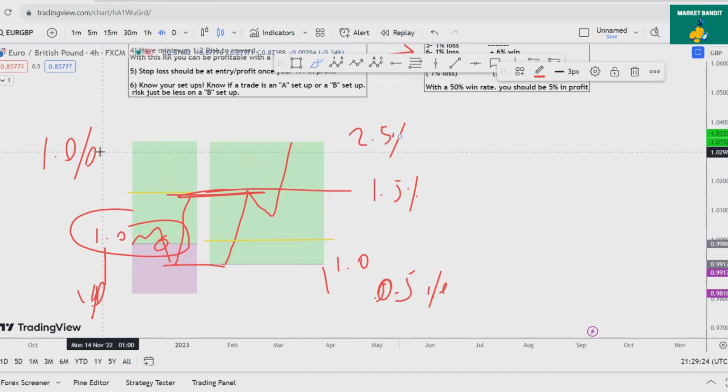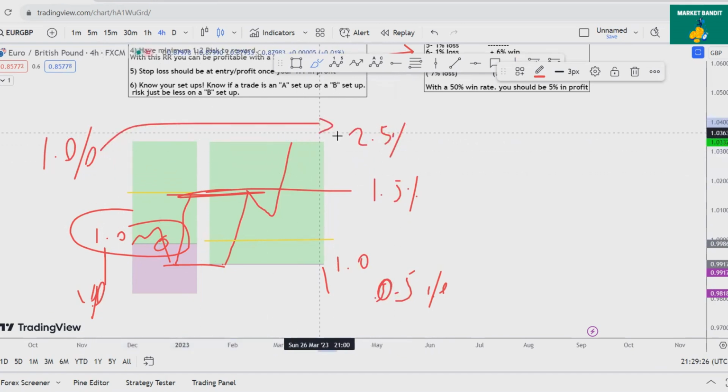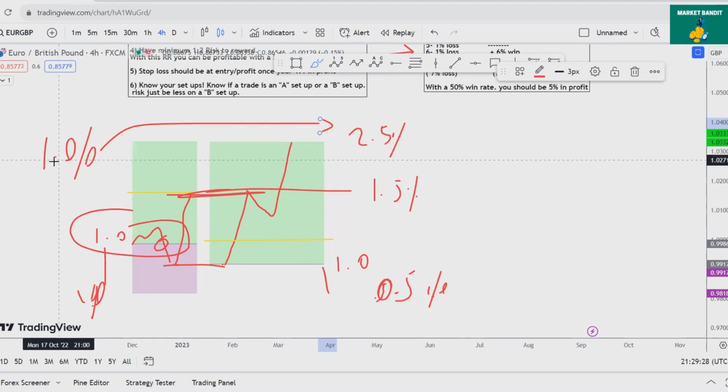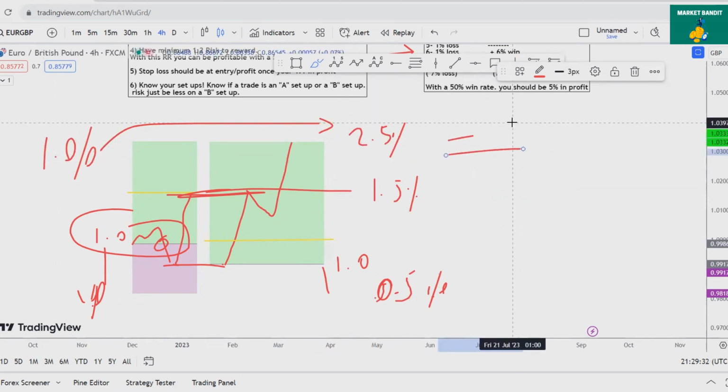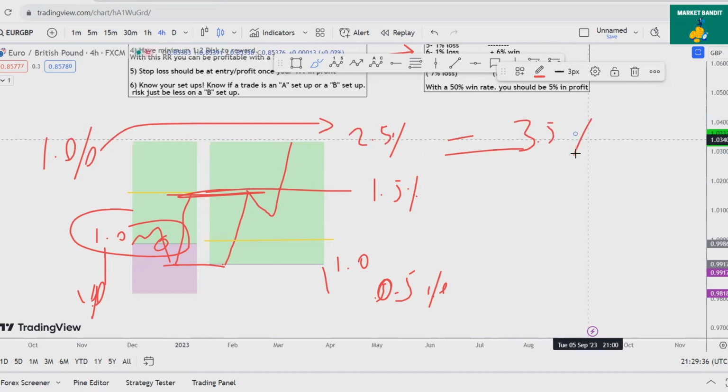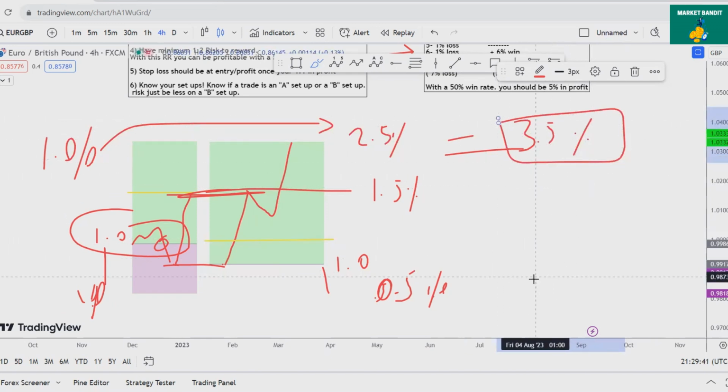So that 2.5% plus that 1% over here, you total 3.5%. And that would be a great trading day on your account.